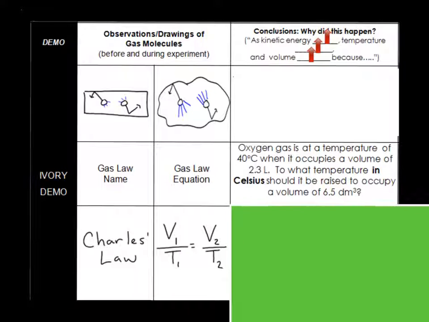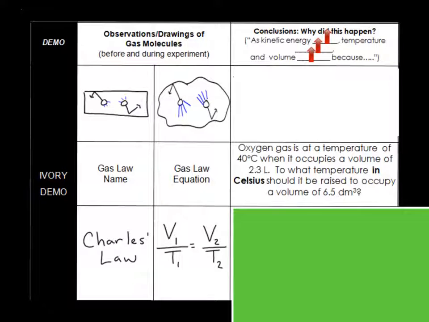Okay, once again, we have another equation that goes along with this law. Now, there's a couple things that are happening here, so we just need to be paying attention a little bit. First of all, it says oxygen gas is at a temperature of 40 degrees Celsius when it occupies a volume of 2.3 liters. To what temperature in Celsius should it be raised to occupy a volume of 6.5 decimeters cubed? Decimeters cubed is equivalent to liters.